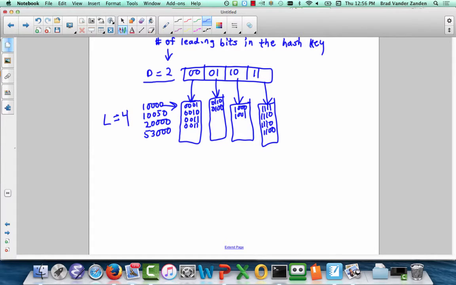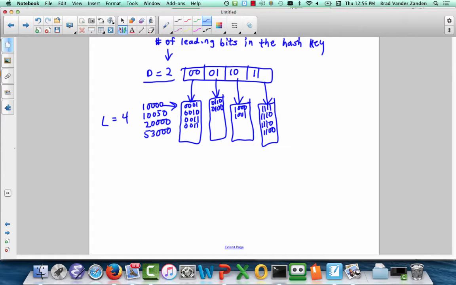Actually that's kind of wrong. We will say L is the number of entries that this leaf can handle. So we'll say 4. In real life, it's going to handle a huge number because we're only storing keys.